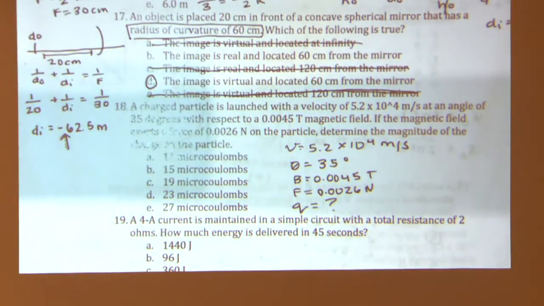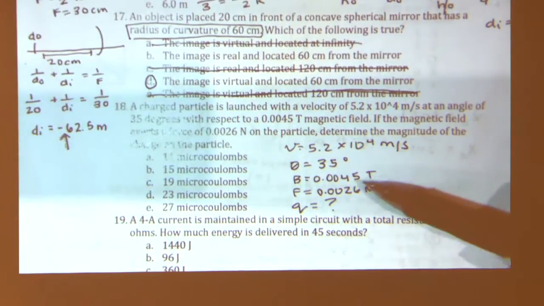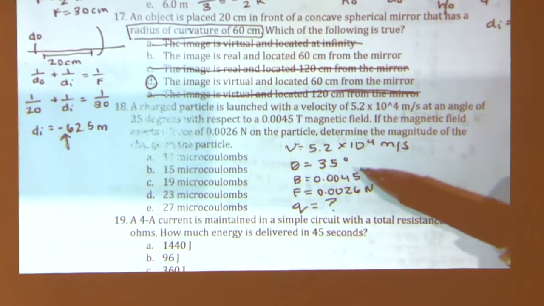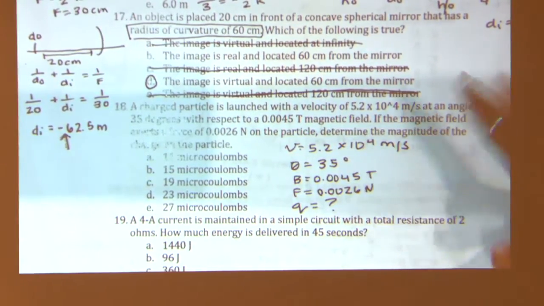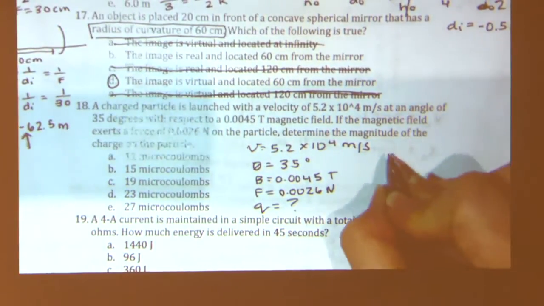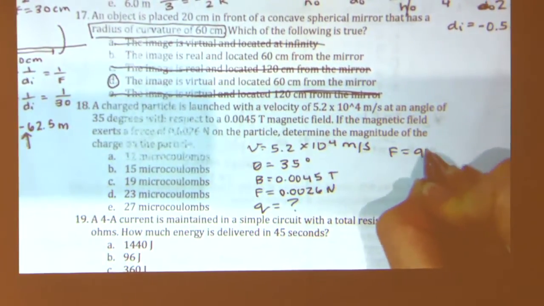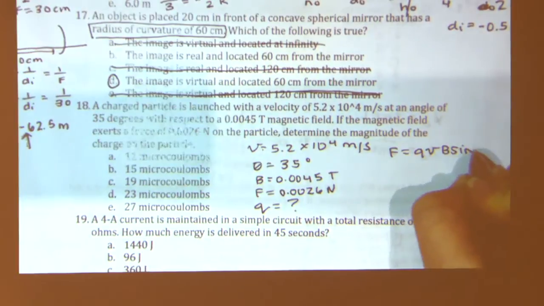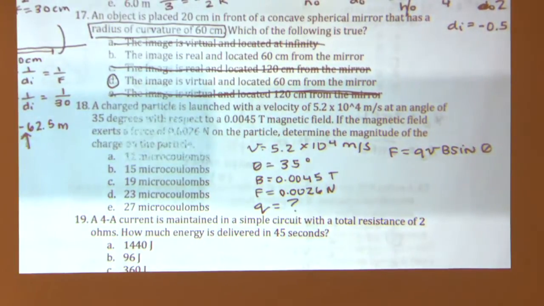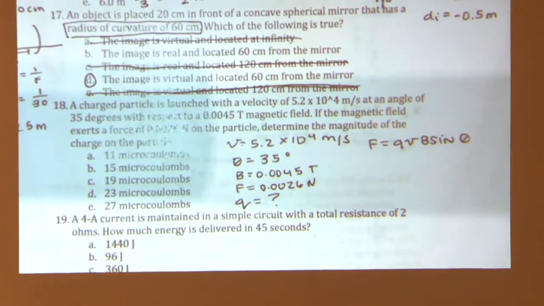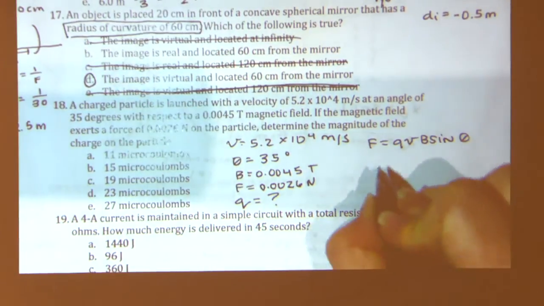So we're looking for Q. Here we have an F, we have a B, we have V, and we have a theta. All of this together should tell you that we are going to be using F is equal to Q V B sine theta, just because we have all the variables for it. Then we can just plug everything in.